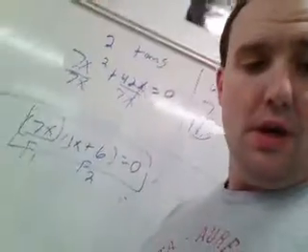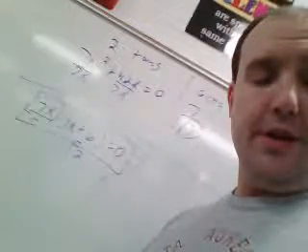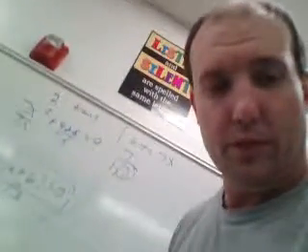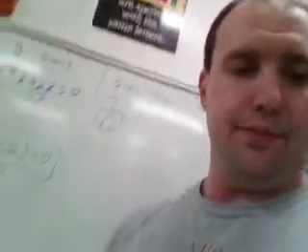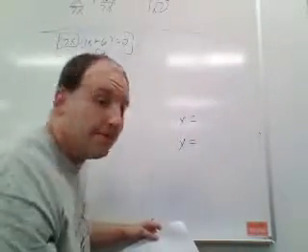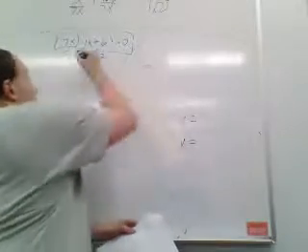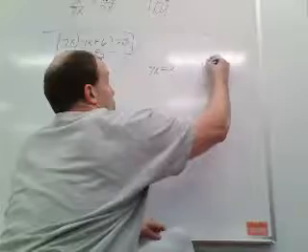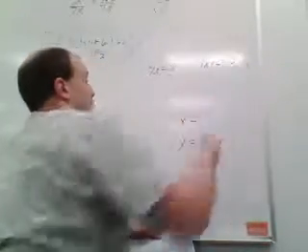So there's two answers. So 7x can equal 0, or 1x plus 6 can equal 0.